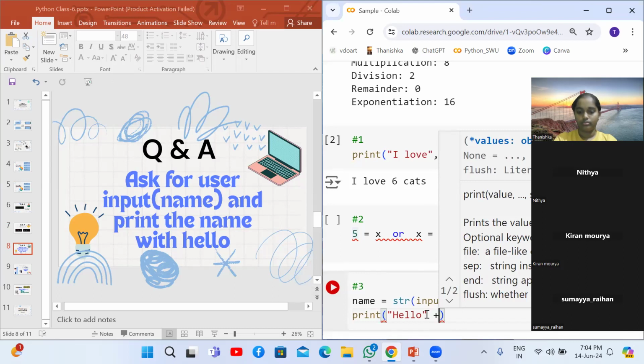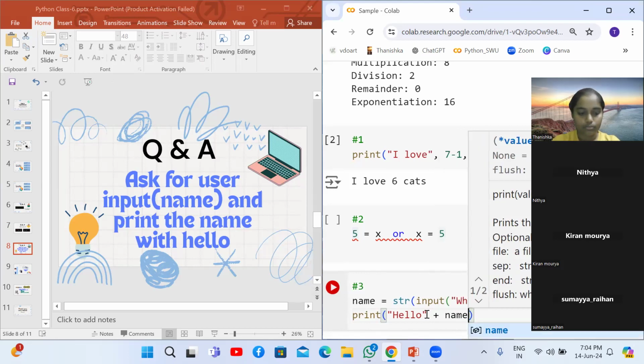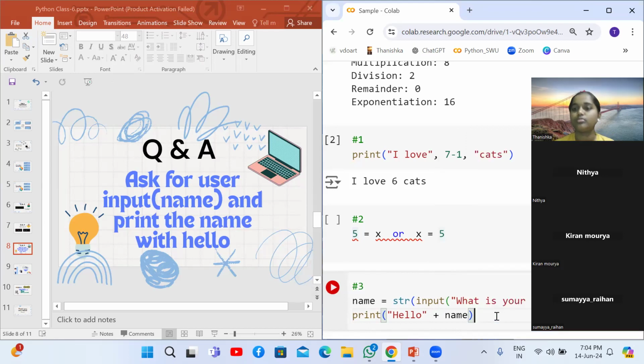Next space and name. Can anybody say why we are not using quotation for name? Kiran, you call their name. Yes, sister. Raihan, can you say why we are not using double quotation for name?